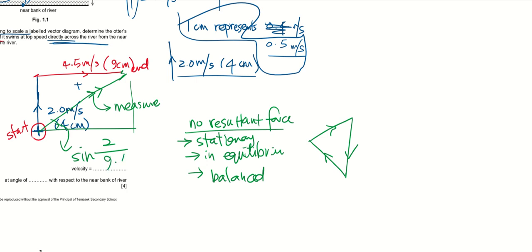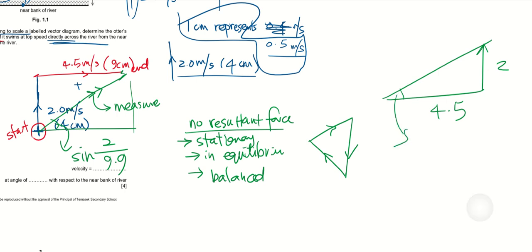9.9? This is 2. This is 4.5. Why do you use 9? I use 2 meter per second and 4.5 meter per second. So you find this angle. Sine theta equals opposite over 4.5.